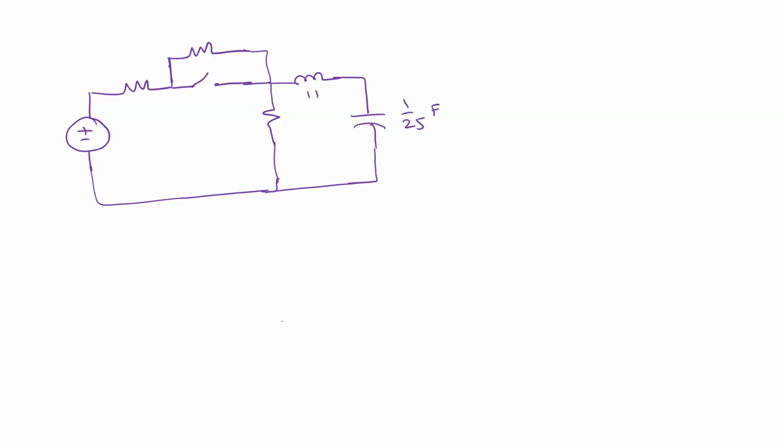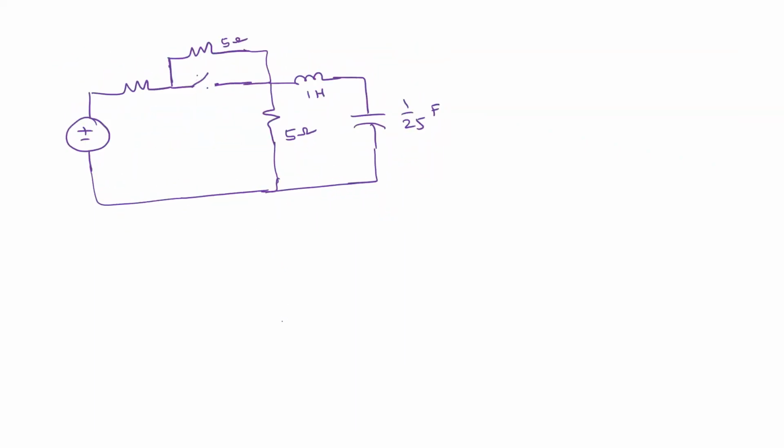This is 1 Henry. And this is 5 ohm, and this is 5 ohm again. And this switch is closed at t equal to 0. And this is 20 ohm. And this is 100 volts. If this is the inductor current I, calculate I of t.